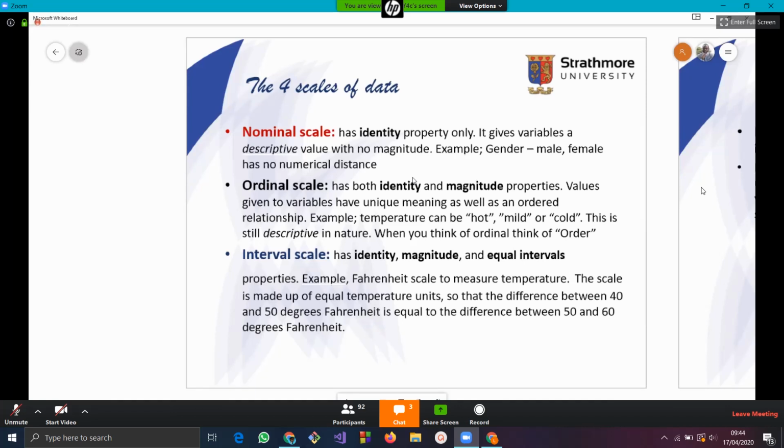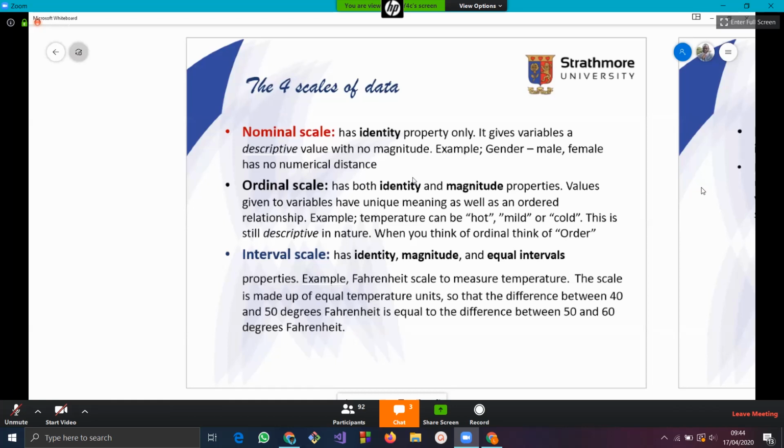It is just an identity difference. I know a male is a male and a female is a female. That data does not tell me whether I have 2 males or 3 females, etc. It is called a nominal scale, a scale that has only identity. Another good example here is when I have a yes, no, neutral data set. It's also a nominal data set.